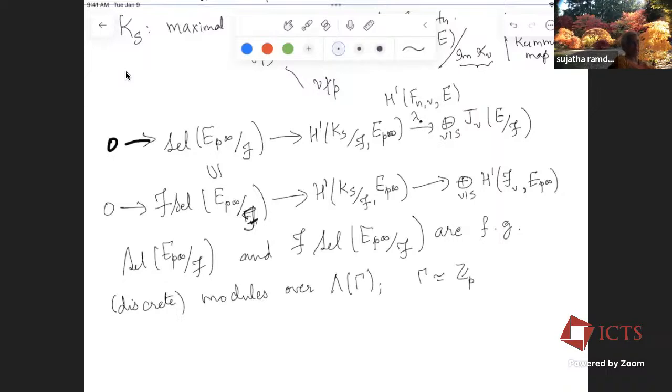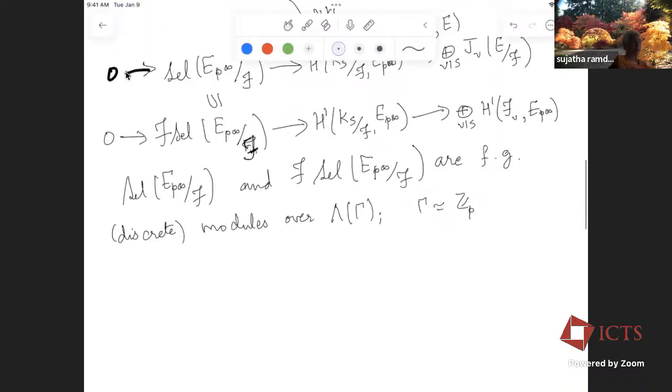This Gamma is Z_p both for the cyclotomic and the anticyclotomic. So sometimes if I want to say which Gamma I'm treating, I might write Gamma anticyclotomic or Gamma cyclotomic, but the context will be clear.